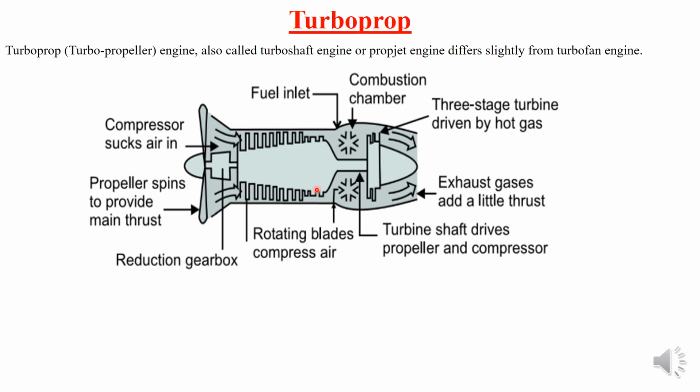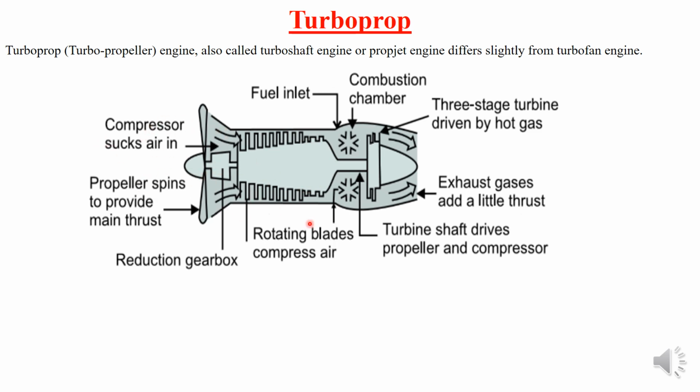Whereas in the earlier case the turbine produced power only for the compressor, now along with the compressor we have the propeller also. So it drives the compressor along with the propeller.